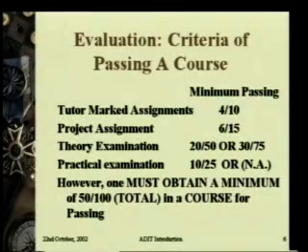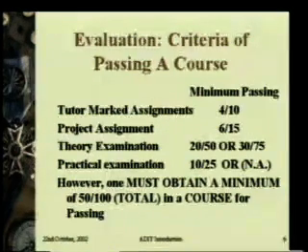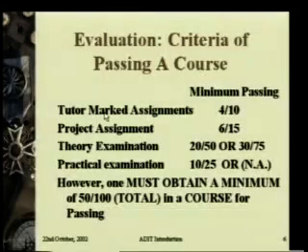Now, what is the criteria for passing a course? Well, we had tutor marked assignments and project assignments. Now, what we have made is that we have made everything compulsory.